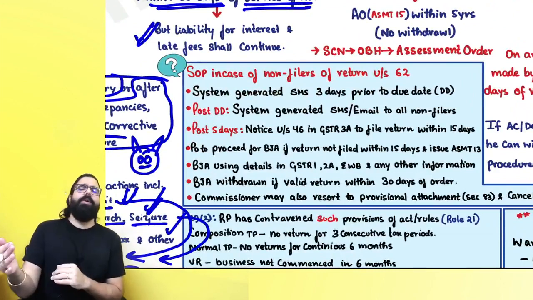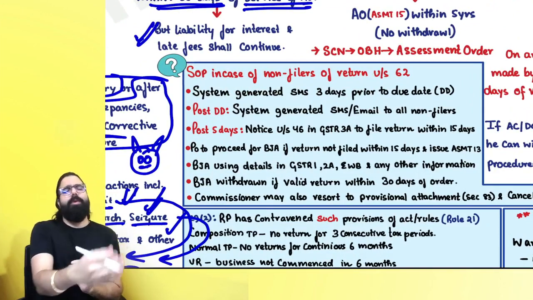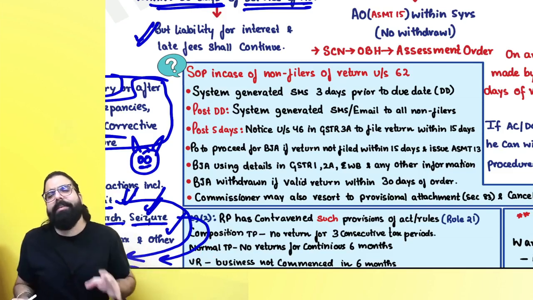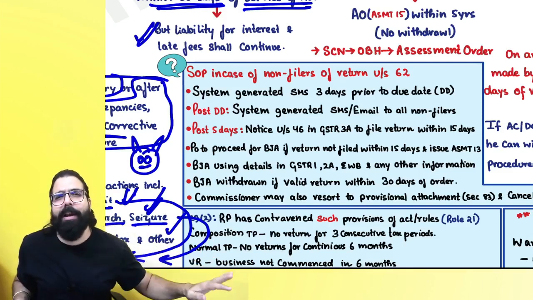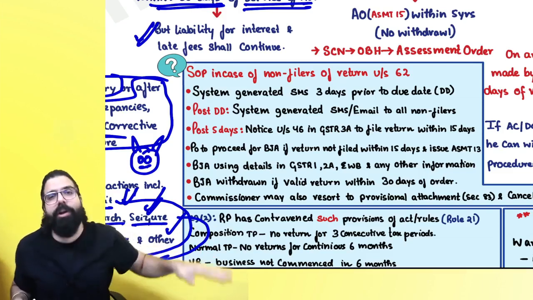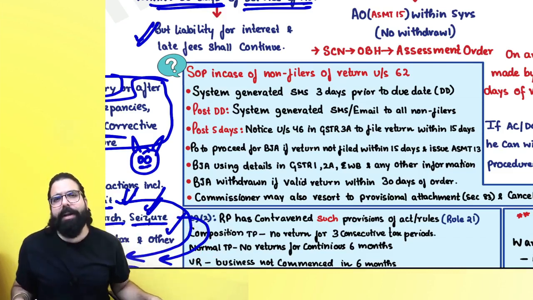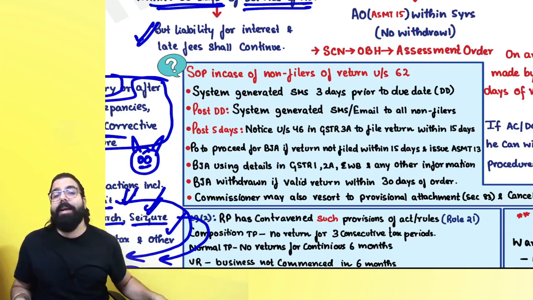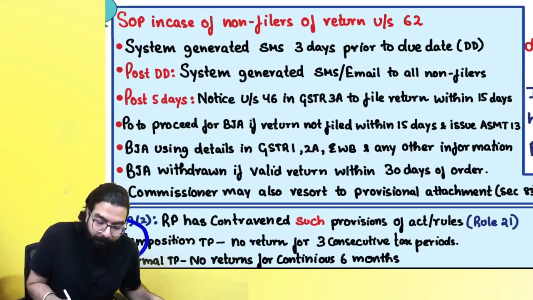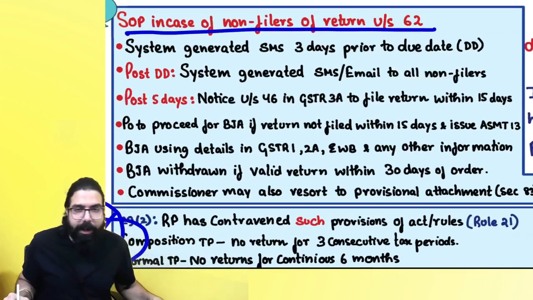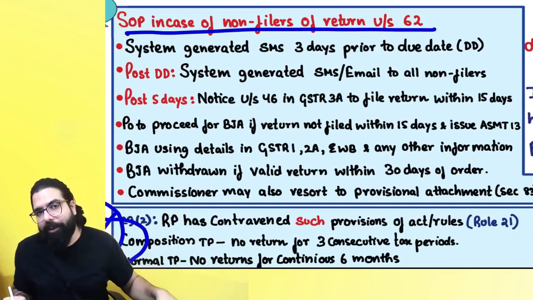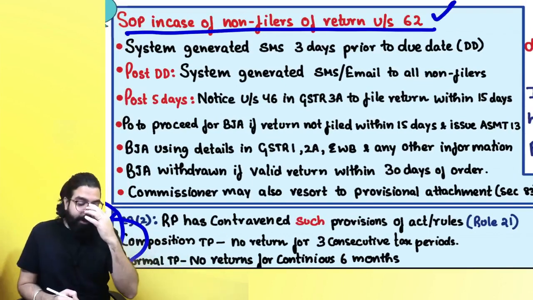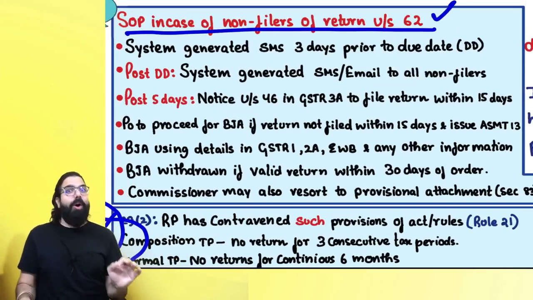Somebody was doing it this way, somebody that way, sending notices and so on. Whenever best judgment assessment was done by the officers, there was no uniformity, and hence the government released one standard operating procedure for non-filers of return, on how the best judgment has to be done under section 62. And the government told the officer, do one thing.